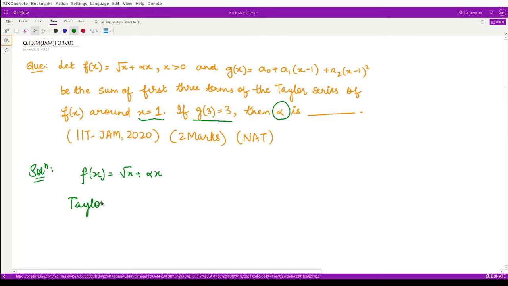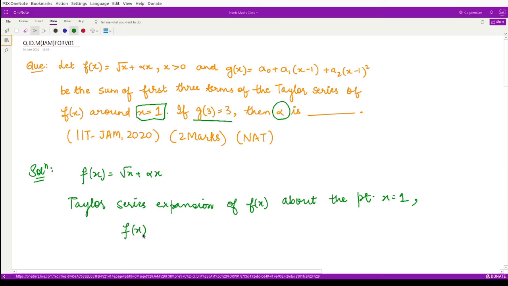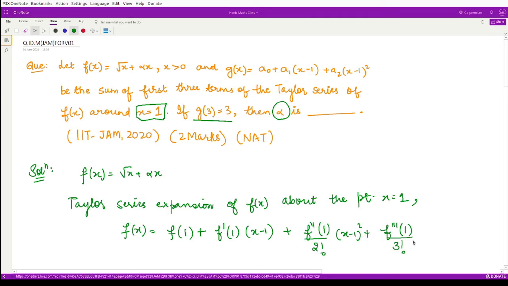You know the Taylor series expansion of this function f(x) about the point x equals 1, because in the question this point x equals 1 is given. So f(x) is equal to the value of the function at the point 1, f(1), plus the derivative of the function evaluated at 1 into (x minus 1), plus the double derivative evaluated at 1 divided by 2 factorial into (x minus 1) whole square, plus the triple derivative evaluated at 1 divided by 3 factorial into (x minus 1) cube, plus so on. It will go like this.